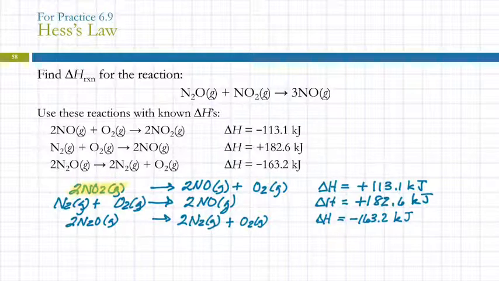So let's do this. I'm just going to highlight these guys. Those are the reactants and products that I need in my overall reaction. I've got these O2s and N2s that I need to get rid of. Right now I've got 1 mole of N2 on the reactant side and 2 moles on the product side. I have 1 mole of O2 on the reactant side and a total of 2 moles of O2 on the product side.